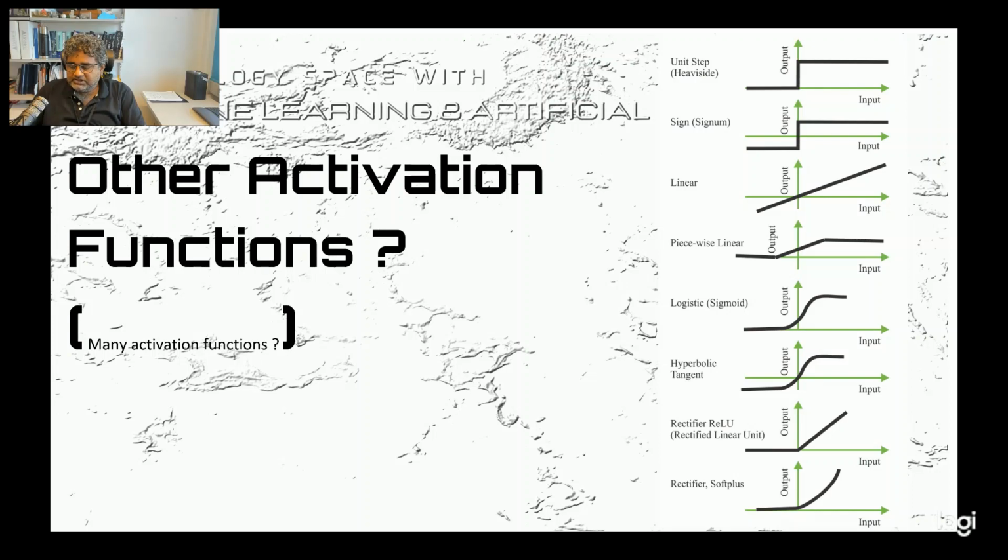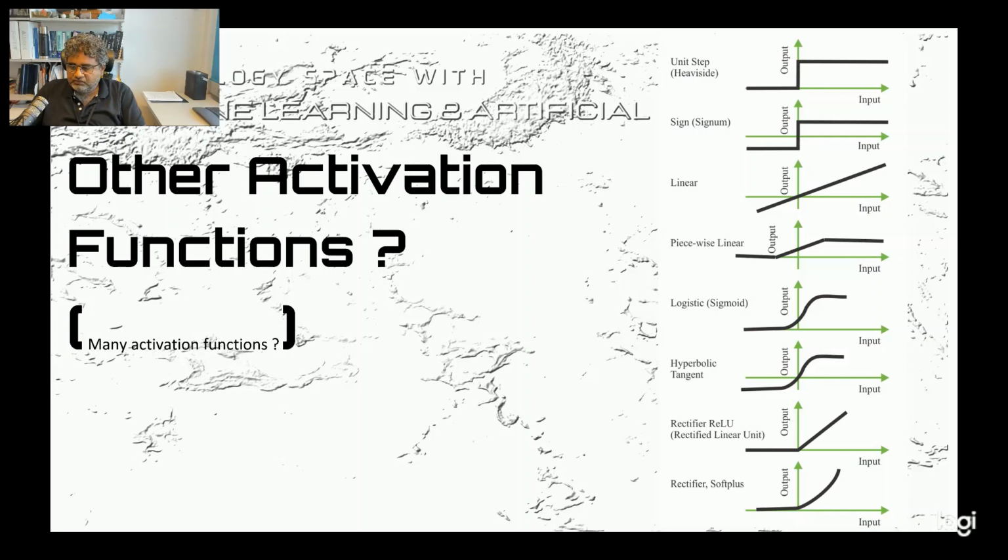The piecewise linear function is a combination of the linear function and the unit step function. Up to a certain threshold level, the function gives a linear output, and beyond that it gives a unit step type of output. Then there are the logistic function and the hyperbolic tangent function, also used in the neural network community, which have this logarithmic behavior.